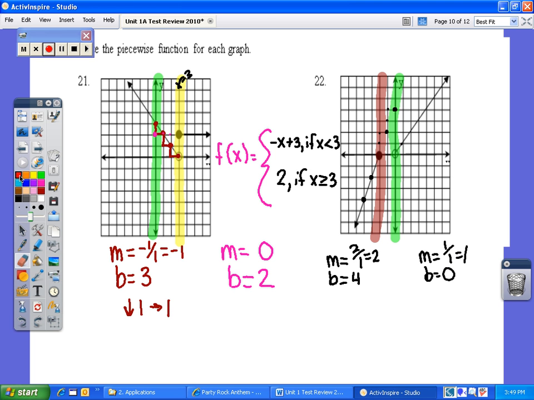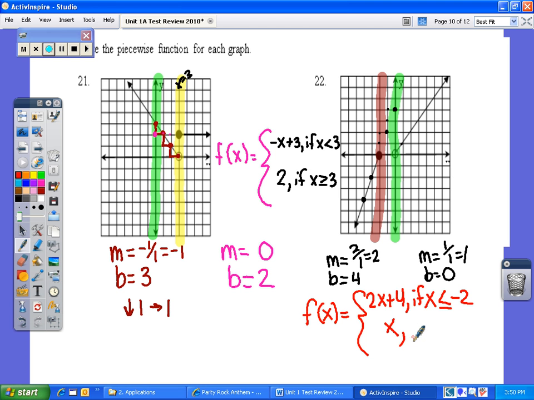So when I write my equation, I have the first one, which is 2x plus 4 if x is less than this number, which is -2. And I'm going to put the line underneath because that's colored in. Now on this side, it will be 1x plus 0, or just simply x.